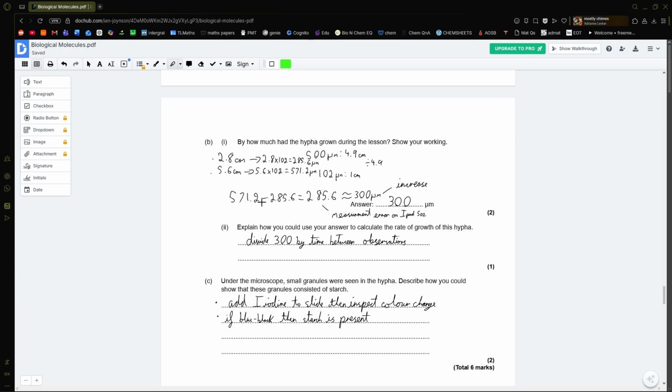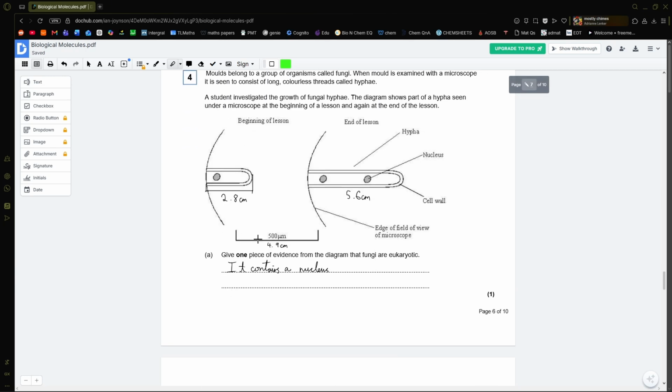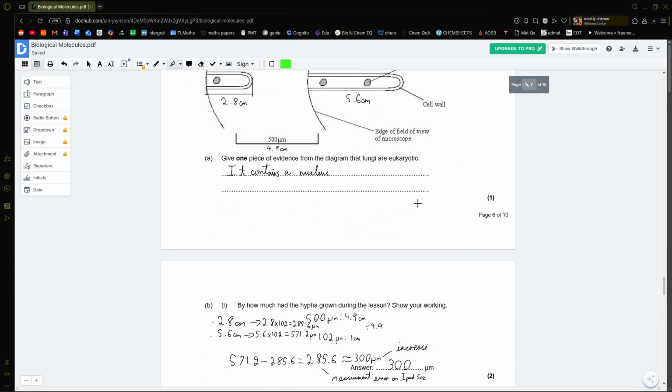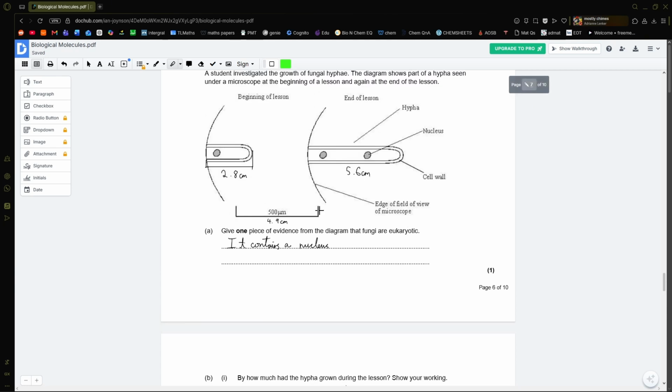Also I just want to say I did this all on an iPad, so the measurements might not be the best because I had to use an app ruler. Here we're given the scale of 500.